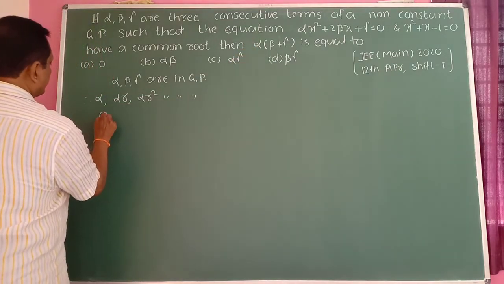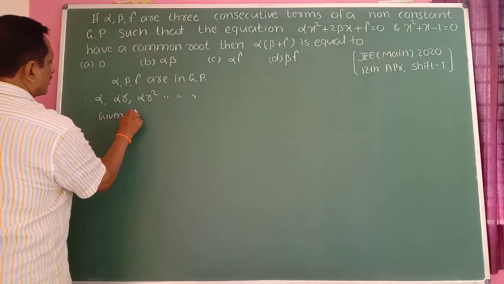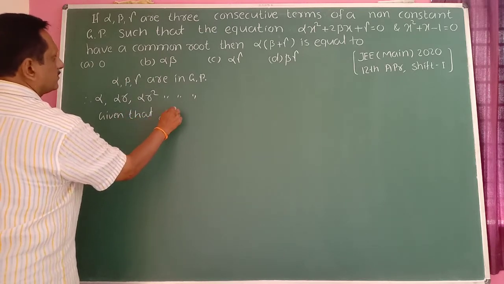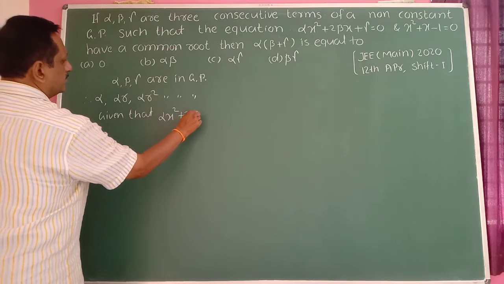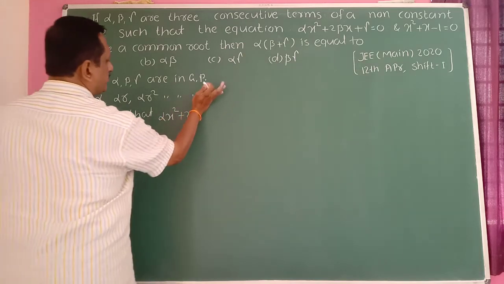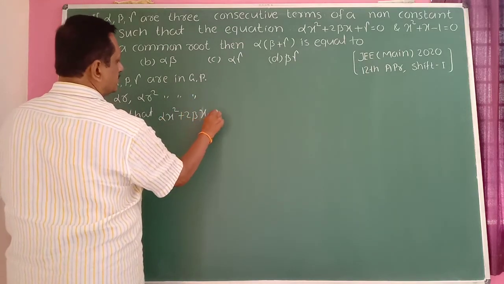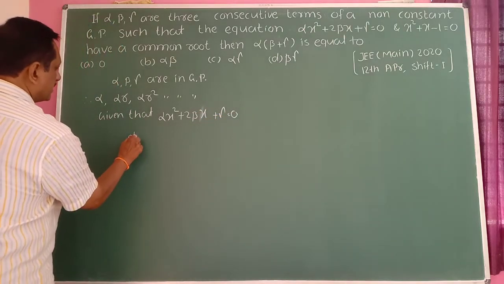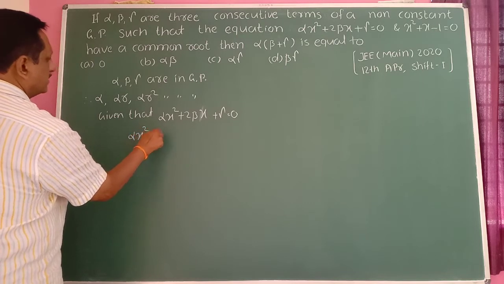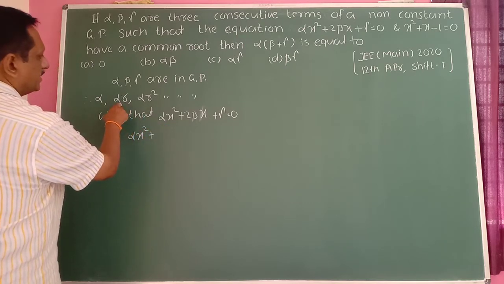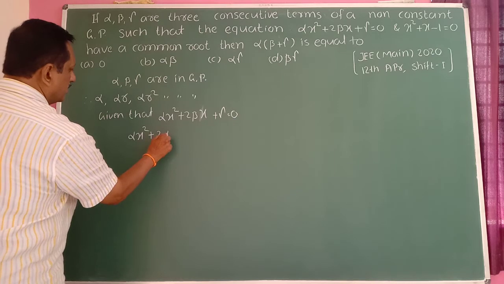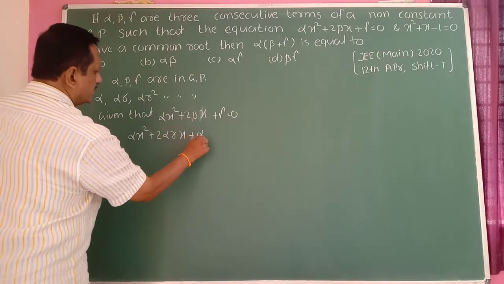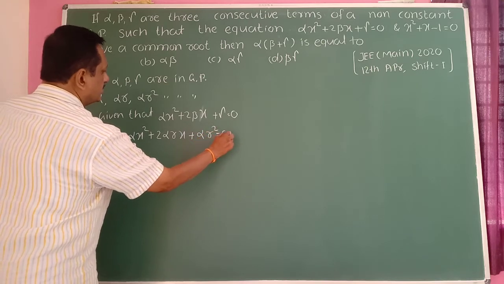Given that alpha x square plus 2 beta x plus gamma is equal to 0. So alpha x square keep as it is, then 2 beta is 2 alpha r into x, plus gamma is alpha r square, equal to 0.